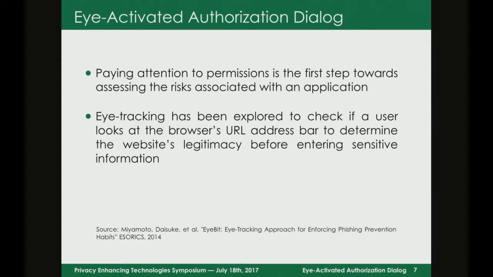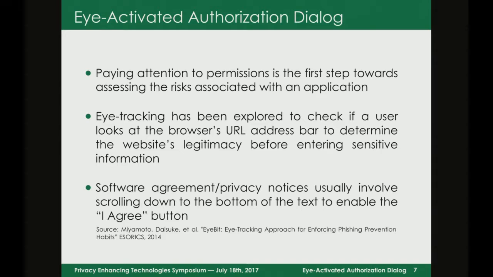Once the user looks at the URL address bar, only then the sensitive fields are activated. Similarly, you must have seen many software agreements and policies that make the user scroll down to the bottom of the text before the agree button is actually enabled. So that's where the motivation of our work comes from.